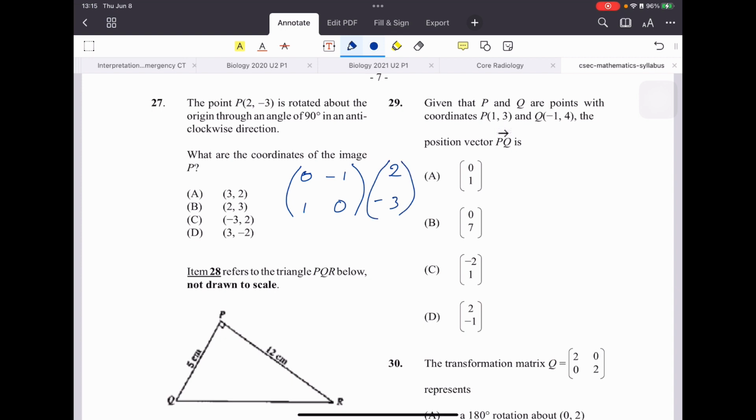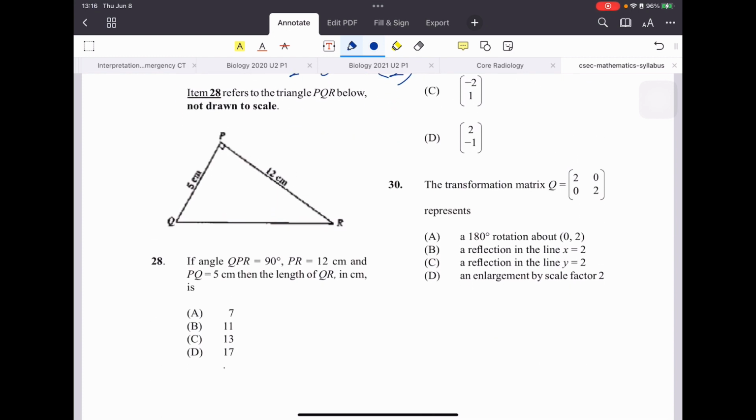So this is going to be 0 by 2 is 0, and -1 by -3 is 3, and then 1 by 2 is 2, and 0 by -3 is 0. So my answer is going to be (3, 2). So my x value is 3, my y value is 2, and that is E.